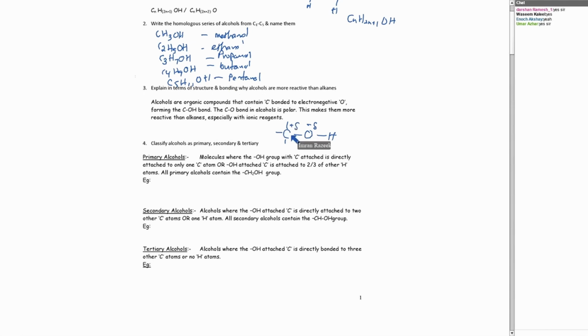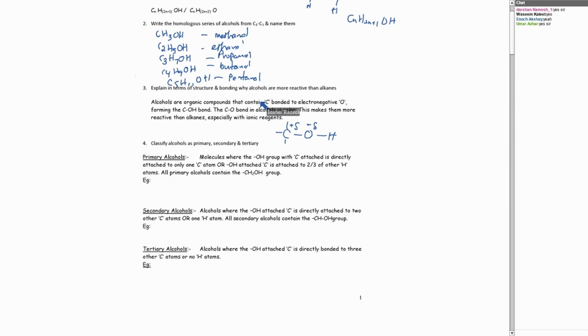So that's the reason these alcohols generally undergo nucleophilic substitution reactions, because the nucleophile, the nucleus-loving species, can easily attack this carbon and substitute the OH with a halogen. Therefore the alcohols undergo nucleophilic substitution reactions.